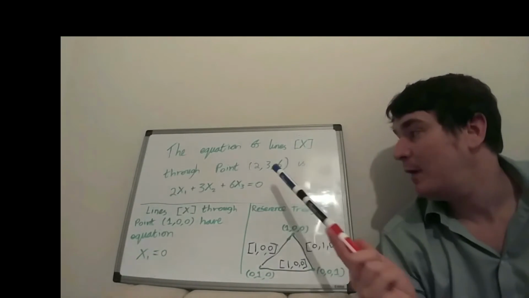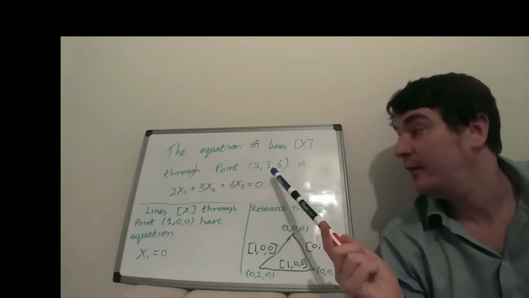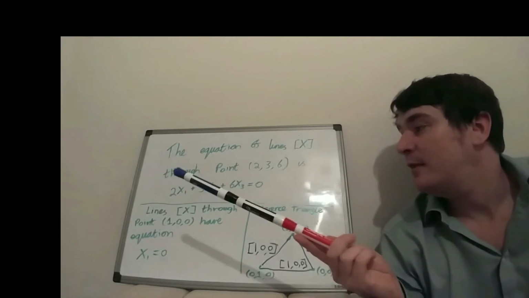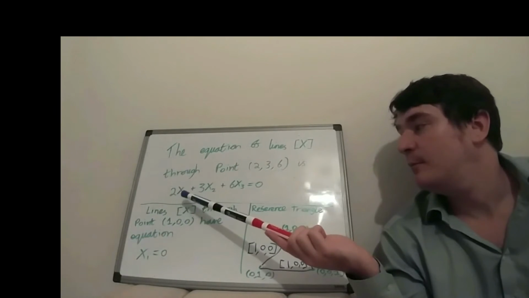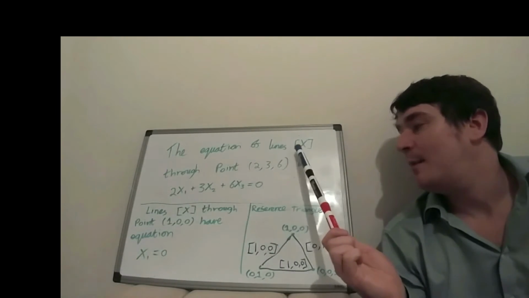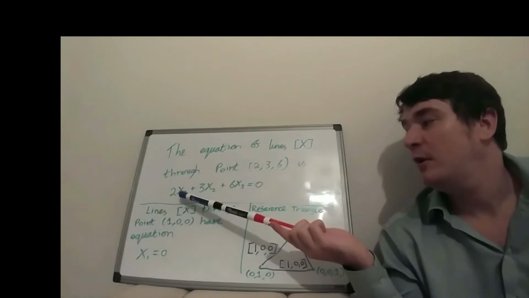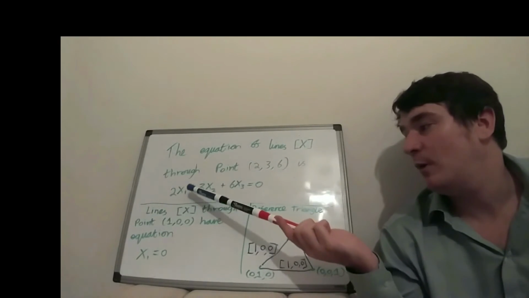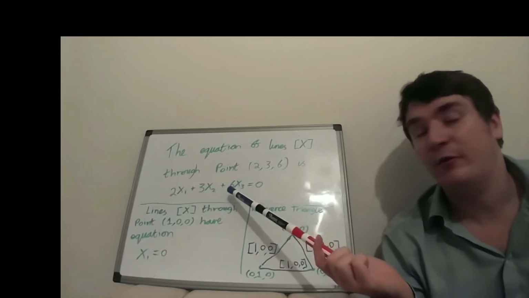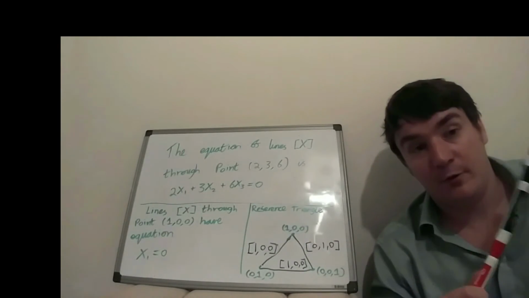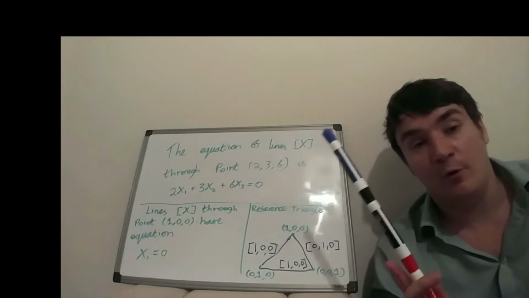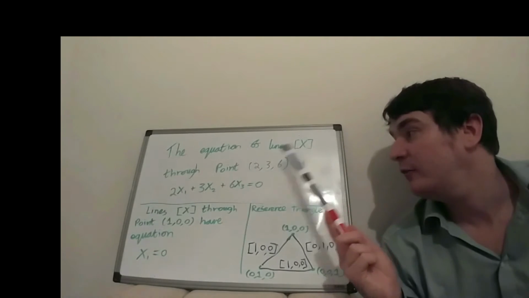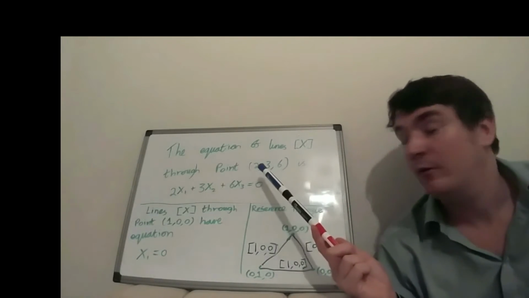So, for example, if we have the point 2, 3, 6, then we get this equation here in terms of lines capital X, the equation 2x1 plus 3x2 plus 6x3, which gives the homogeneous coordinates of all the lines capital X which pass through this point here.